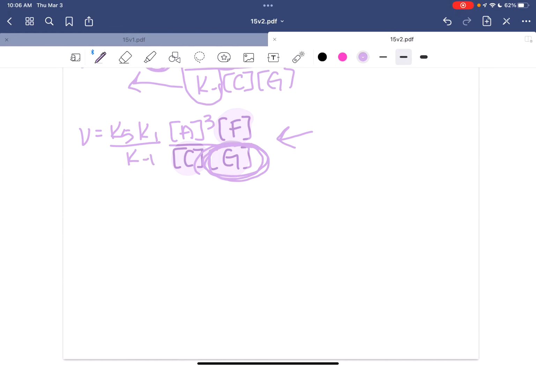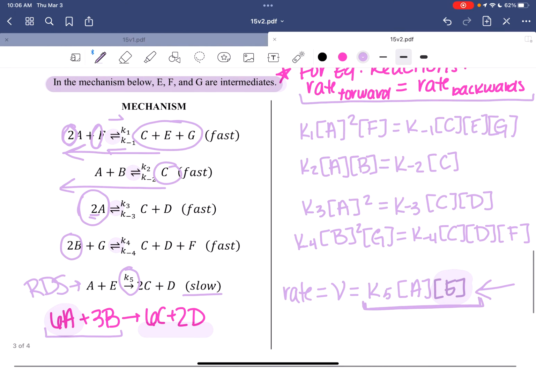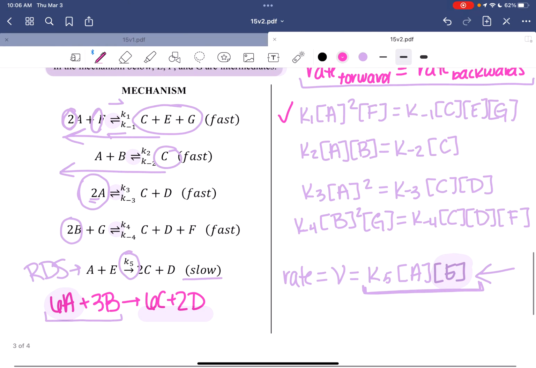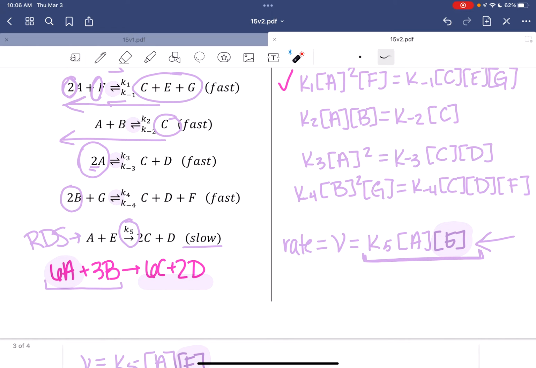So we're going to go back up to our elementary steps here, and we've already used this first one to get rid of E. So now we have 3 options left. And we want to look at if our next intermediate G appears in any of these rate steps. And it does.